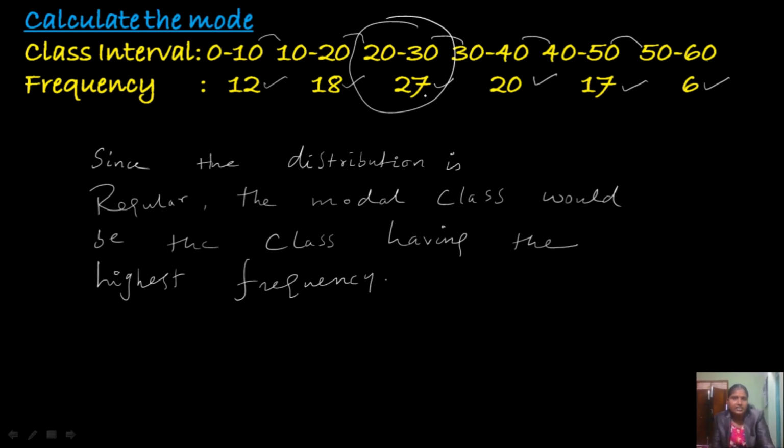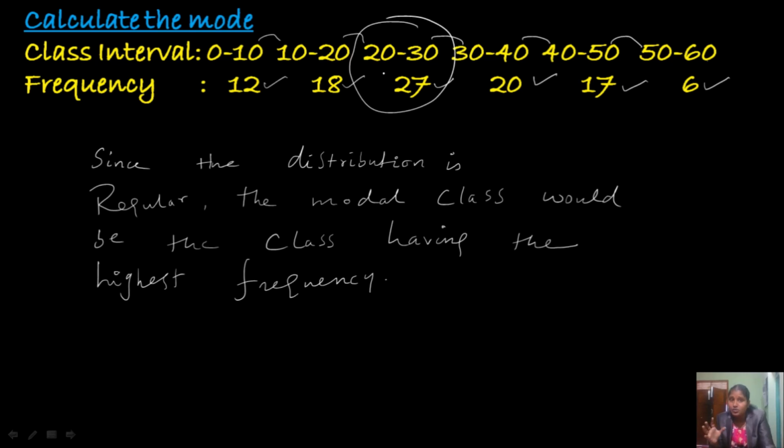So here the highest frequency is 27, and the distribution is regular, so we identify the mode by the inspection method. Listen carefully: if the distribution is regular, you just look for the highest frequency and write down the corresponding class interval as the modal class interval.